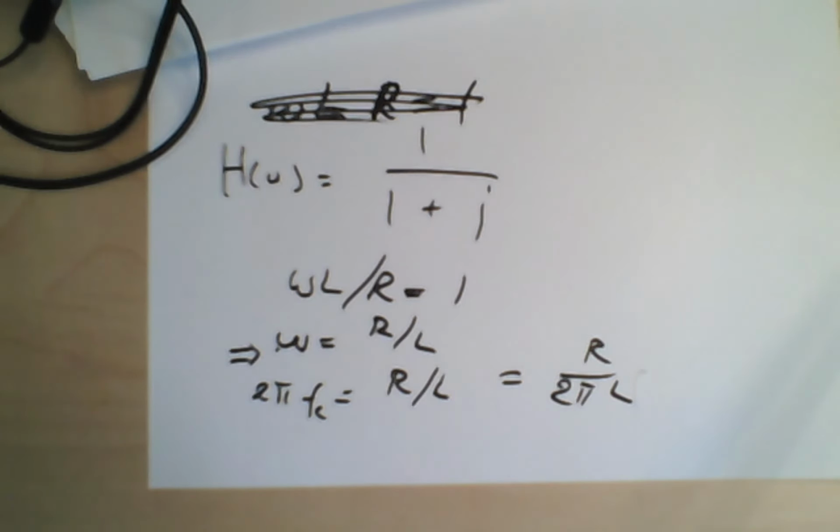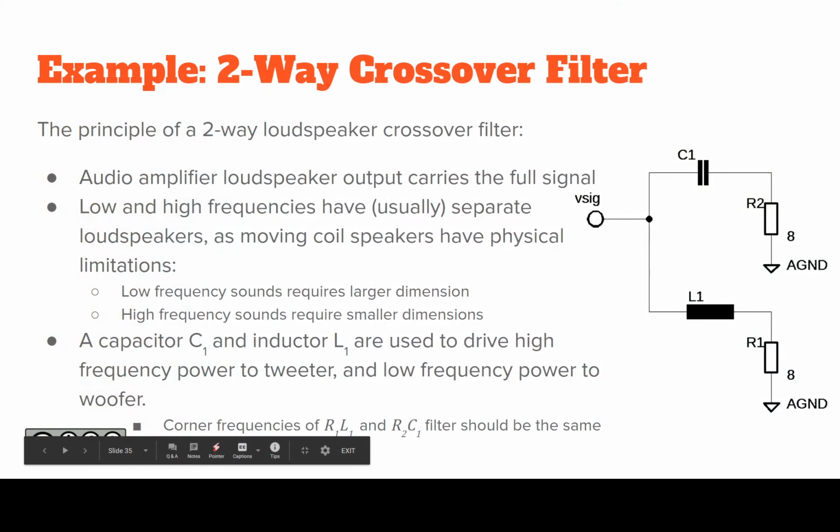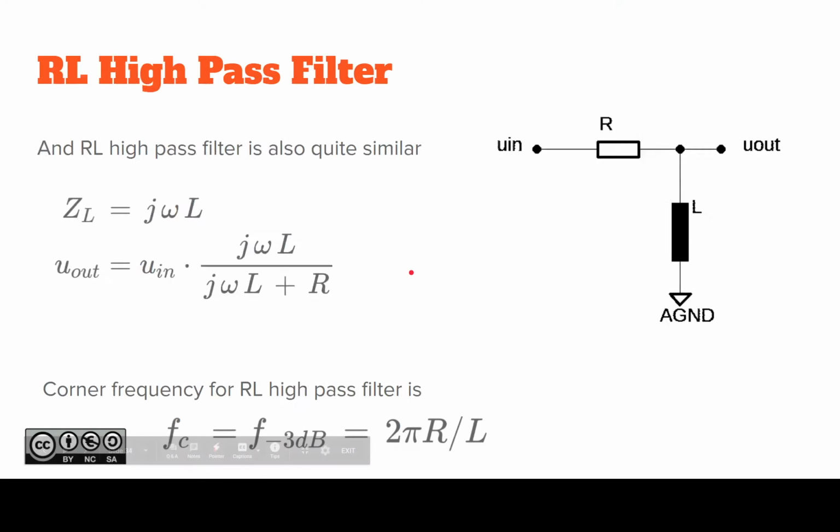Okay, and there we go. Example, two-way crossover filter. The basic principle of a two-way loudspeaker crossover filter is the following. First of all, the audio amplifier output. Oops, sorry, I had the wrong slide. Yeah, let's go back.